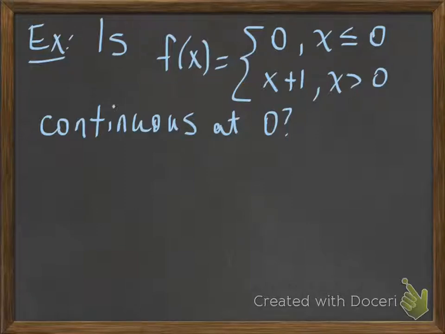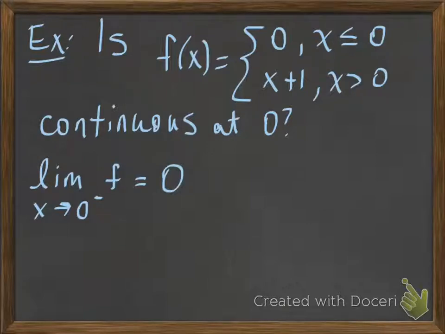Another example. Let's consider a piecewise defined function f of x to be 0 when x is less than or equal to 0, and x plus 1 when x is greater than 0. And I would like to know, is this function continuous at x equals 0? Well, the first thing we want to do is calculate the limit as x goes to 0. Since we have a piecewise defined function, I need to calculate the left-handed and the right-handed limit separately.